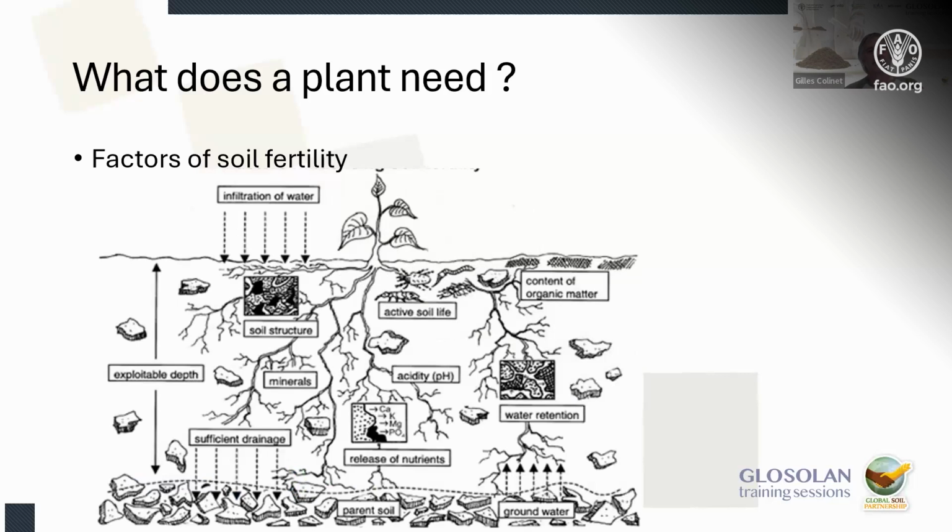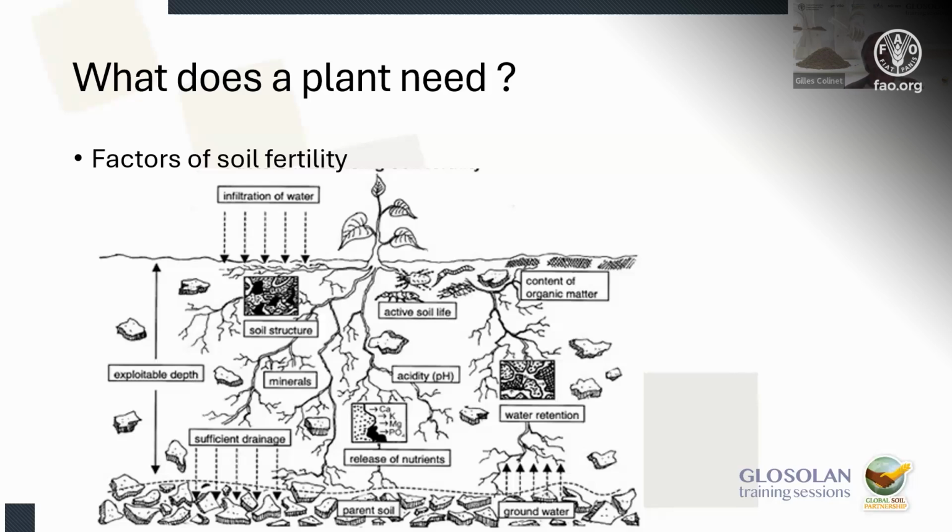So the climatic aspect is important. How much rain is going to the soil, but also the soil structure, as what is the part of the water that will infiltrate in the soil. So the structure at the surface is an important point.